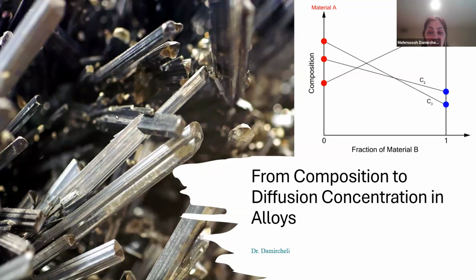Then we will solve one case study or example step by step, applying the equations we discussed today, and we can see the complete workflow from compositions to diffusion-relevant concentrations.